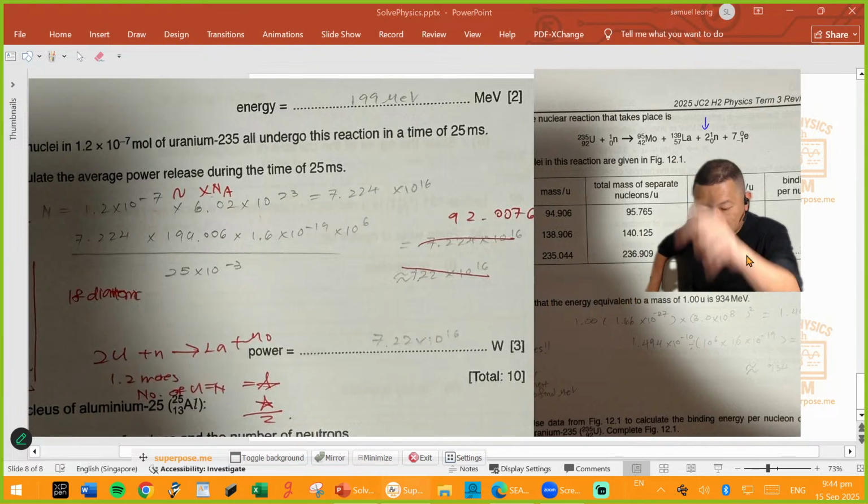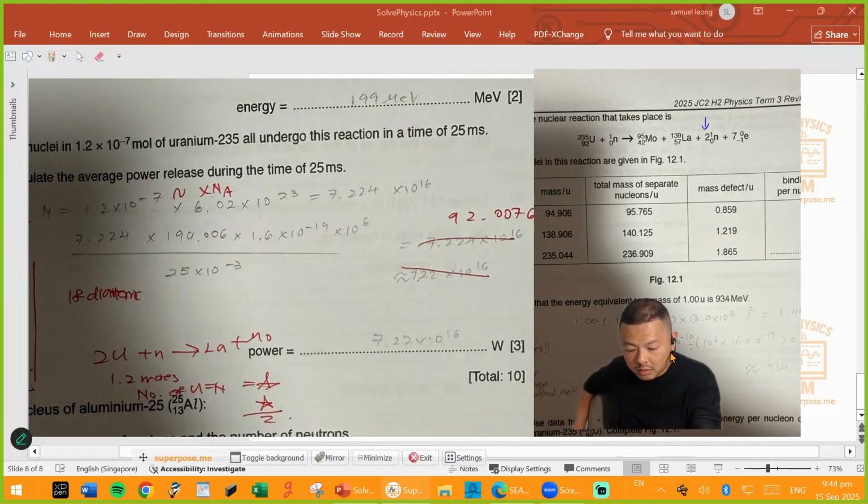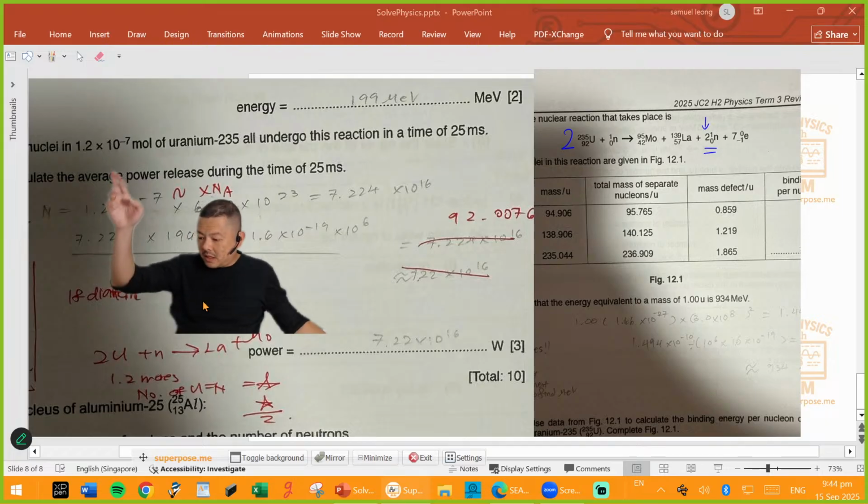Okay. There's no 2u. What, if there's a 2 in front, and then the way that we calculate it? I have never heard of that.